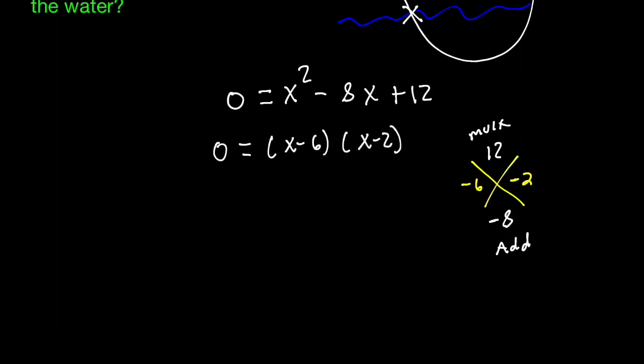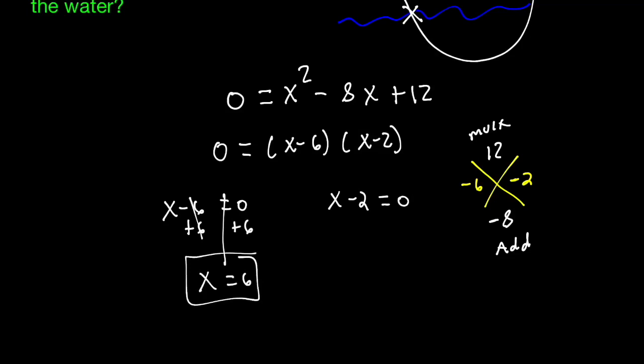And because we have the product of two things, and that product is equal to 0, I can set each factor equal to 0. So x minus 6 equal to 0, and x minus 2 equal to 0. Solving the first equation, we're going to get that x is equal to 6. And solving the second equation, we're going to get that x is equal to 2.